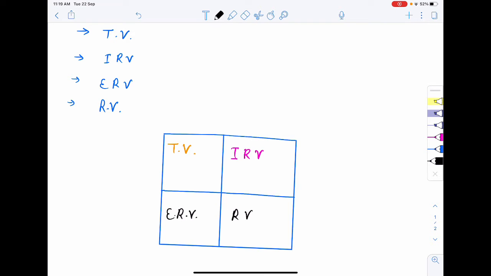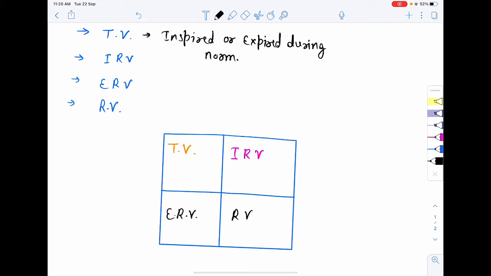so first we are going to discuss tidal volume. What is tidal volume? Tidal volume is that amount of air which can be inspired or expired during normal breathing.